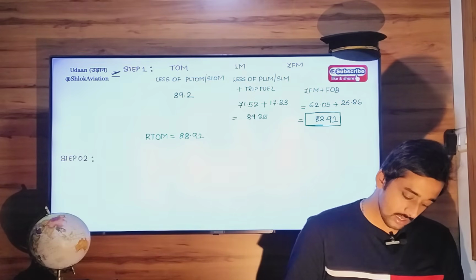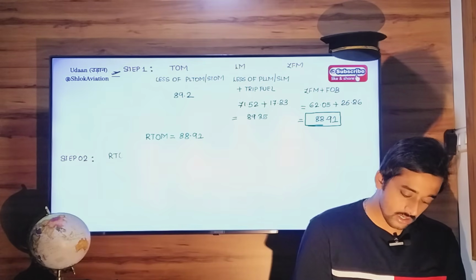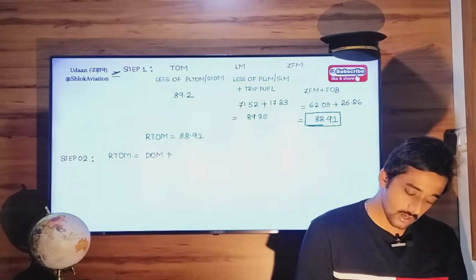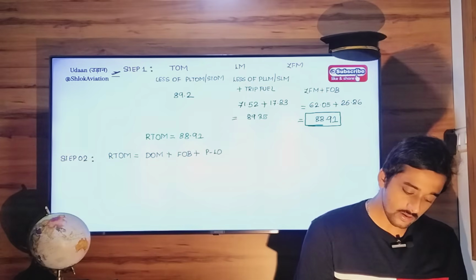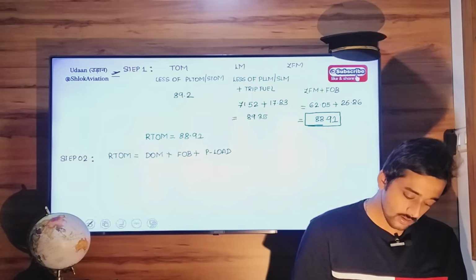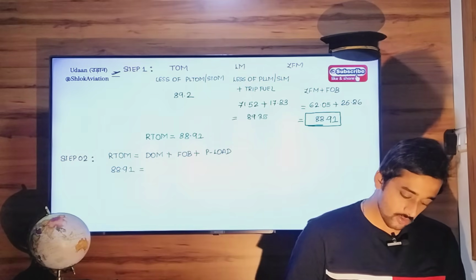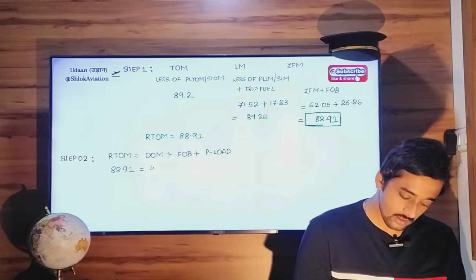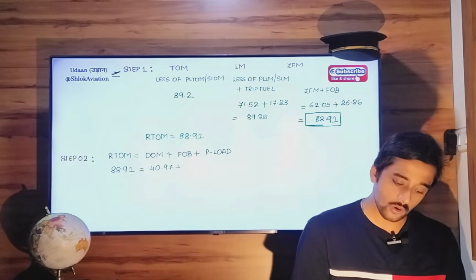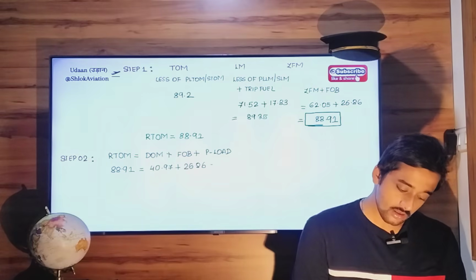Step 2. Use the formula: regulated takeoff mass equals dry operating mass plus fuel on board plus payload. 88.91 equals DOM, which is 40.97, plus fuel on board 26.86, plus payload.